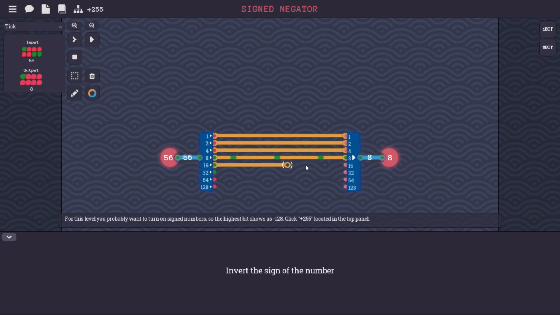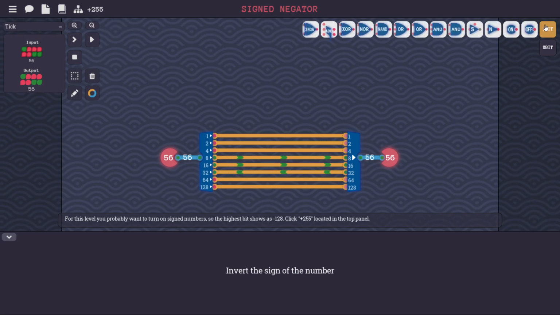That's 8, 24, 56, which is okay. But now we need to invert this last bit, the most significant one.